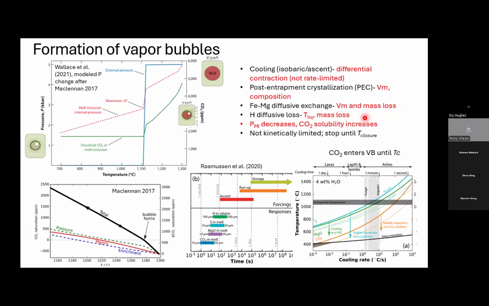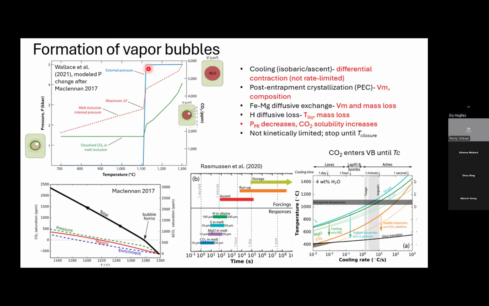Let's take a quick look at what could happen to a melt inclusion after its entrapment. This figure shows pressure and temperature. The blue curve shows that the melt inclusion could first be entrapped at a relatively high pressure, and during magma storage it could already have undergone a certain amount of cooling.